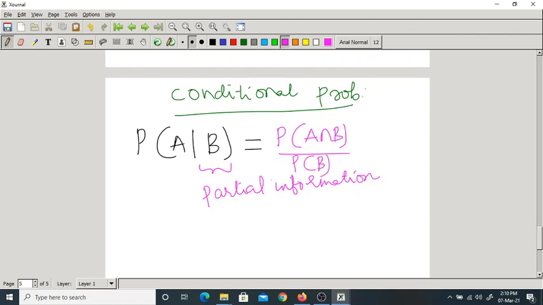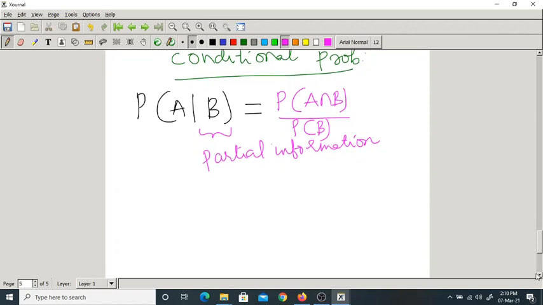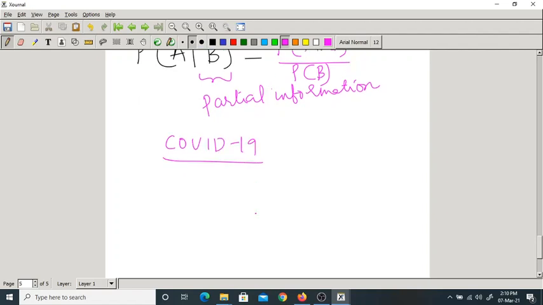Okay, now let us take a simple example to understand the concept of conditional probability. Suppose you take COVID-19 cases. So let us take the symptoms of COVID-19. What are the symptoms generally?